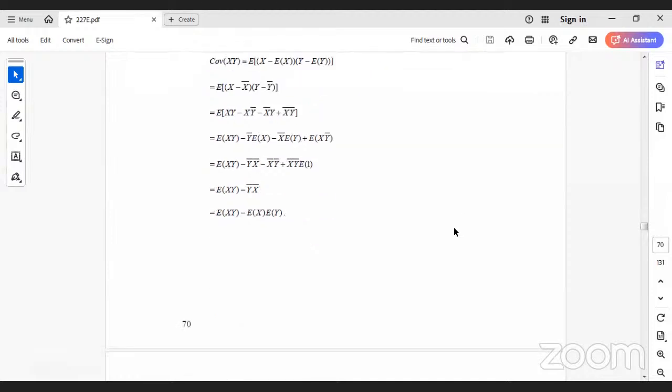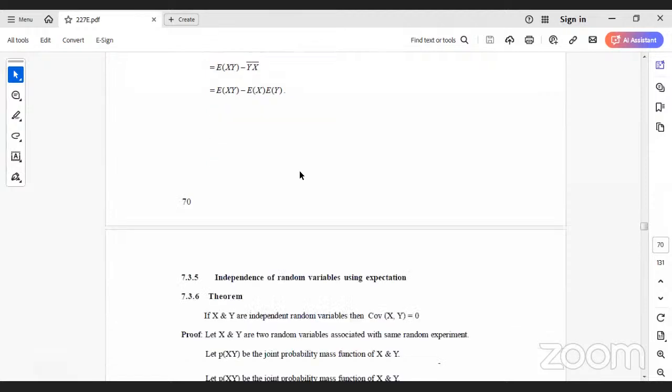So therefore covariance is E of xy minus E of x E of y, and we write it as it is.